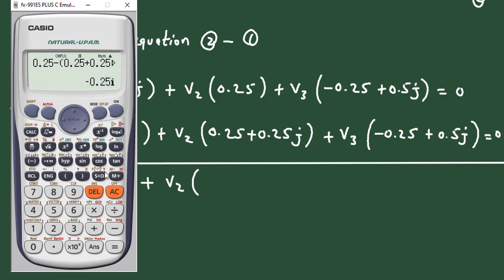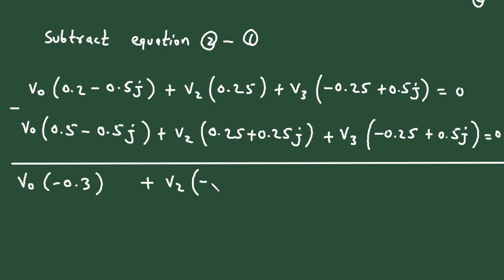So it is equal to minus 0.25j minus 0.25j. Now this and this will get cancelled because it is equal to 0 minus 0 is 0, and these two will get cancelled.